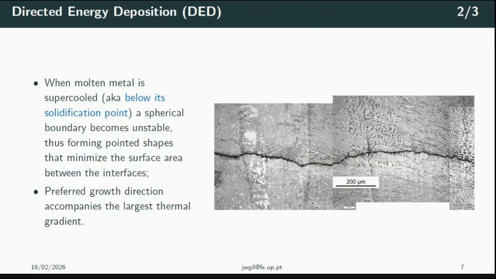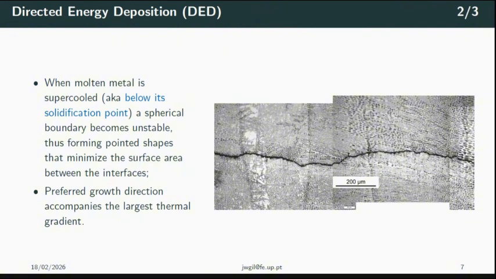And in this work, we were particularly concerned with dendrites. Dendrites are not really so novel. They also appear in casting, welding, any process very out of equilibrium. But we are particularly concerned with how a crack interacts with these pre-existing dendrites.